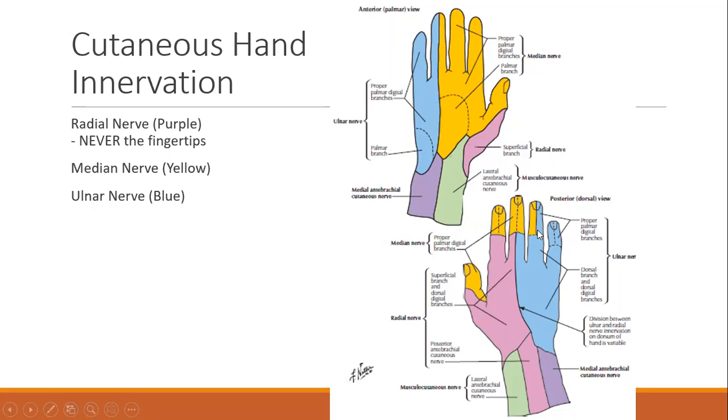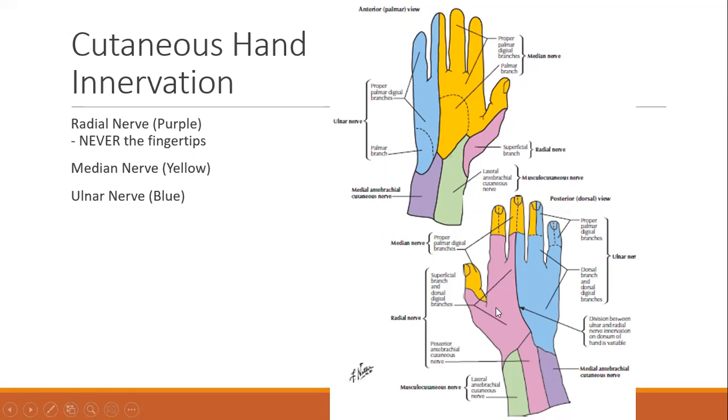Once again, just as a reminder, radial nerve is never the fingertips, but radial nerve is going to give you cutaneous innervation on the back side of the hand. So if the ring finger is for the split on the palm side, I then remember that the middle finger is for the split on the dorsal side, on the posterior side. So it's at the middle finger that you have the split between ulnar cutaneous innervation and radial cutaneous innervation.